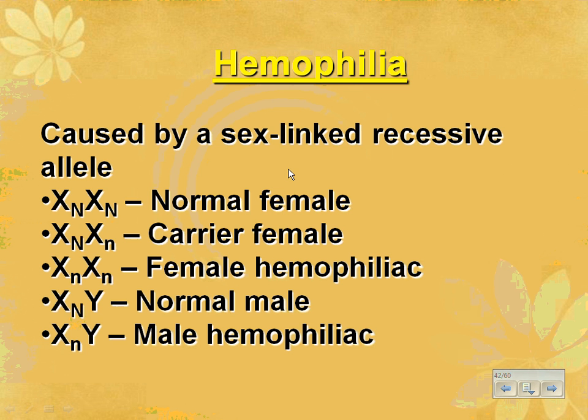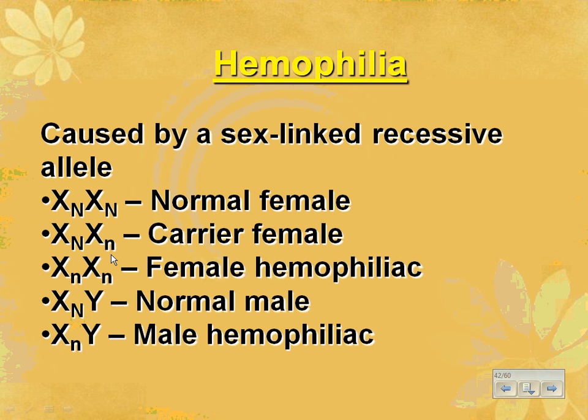Looking at the different genotypes, a completely homozygous dominant female would be normal because hemophilia is a recessive allele. So a female where both X chromosomes are dominant would be normal. If they were heterozygous, they would still be normal, but they would have a chance of passing that trait on to their offspring.